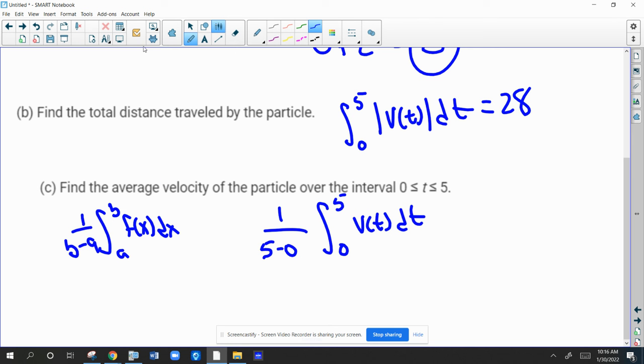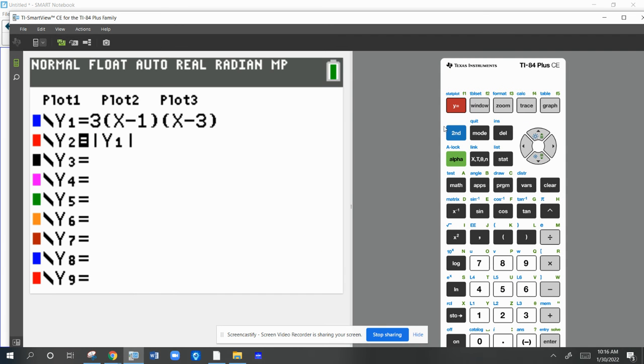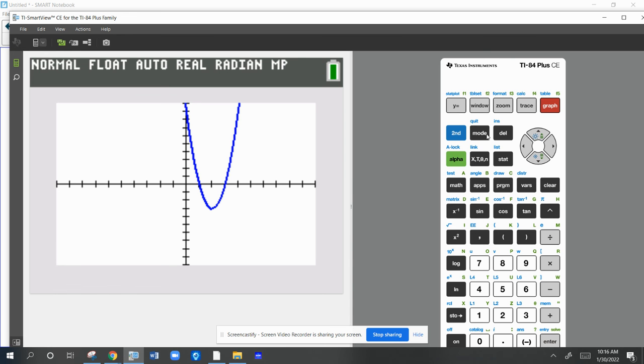And that's easy. We have it in our calculator already. So now I'm going to turn the velocity equation back on. And I'm just going to turn this one off. So now it graphs the regular velocity.